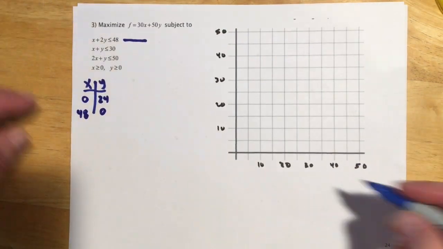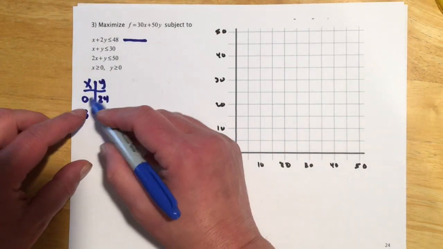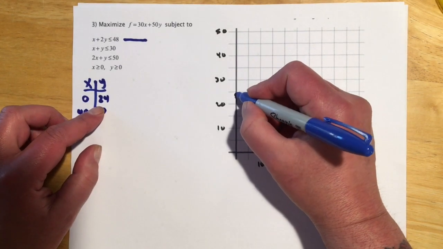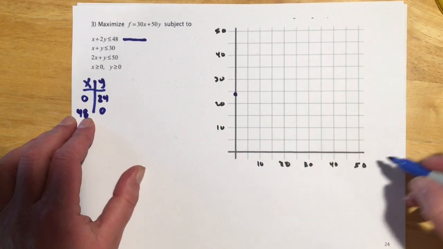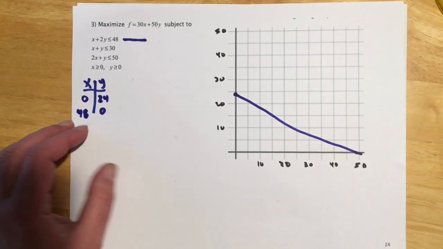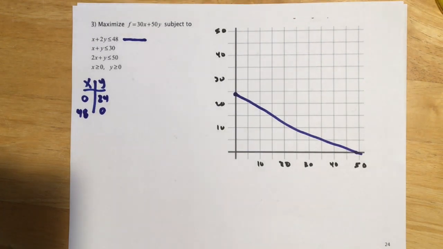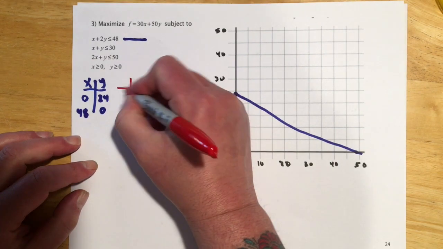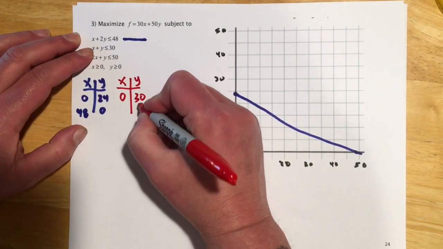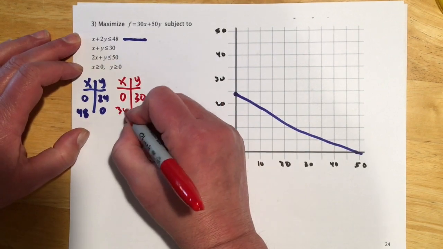And my graph's a little approximate here, but it will be good enough. So when x is 0, y is 24. Right there, and 48, 0. So that'd be about there. And then the next one, when x is 0, y is 30, and when y is 0, x is 30.